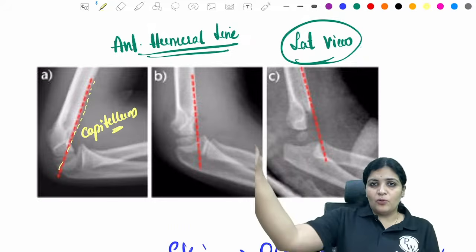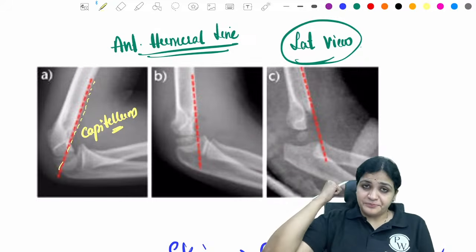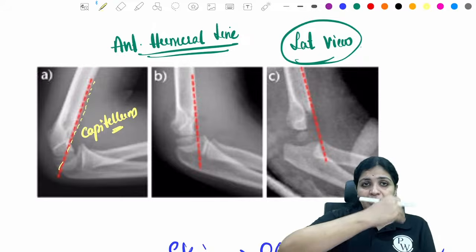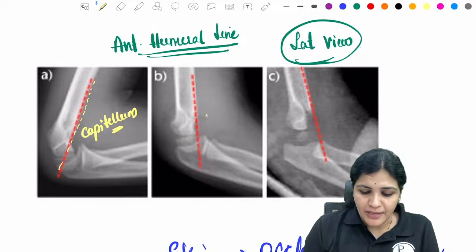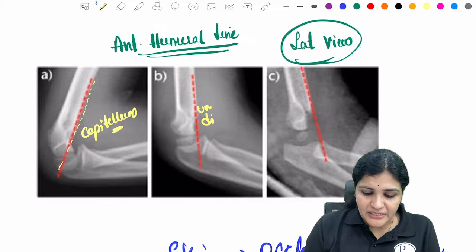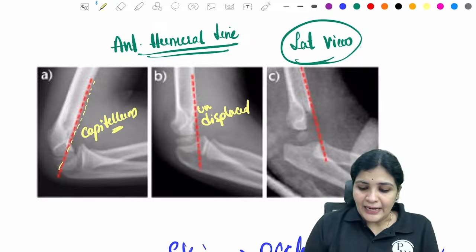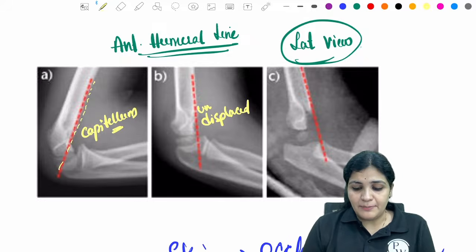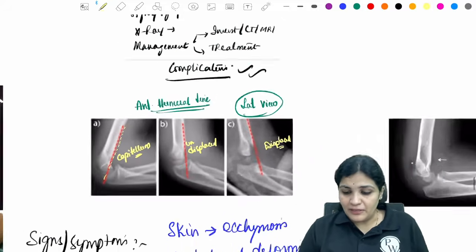It is not like only at 90 degrees of flexion, even 30, 20, 10 also. At any degree of flexion, it will cross the capitulum, or at least it should touch the capitulum in case of an undisplaced fracture. So this is completely normal, and here you see it is not crossing the capitulum. That means it is completely displaced. So this is the anterior humeral line, which is very, very important.